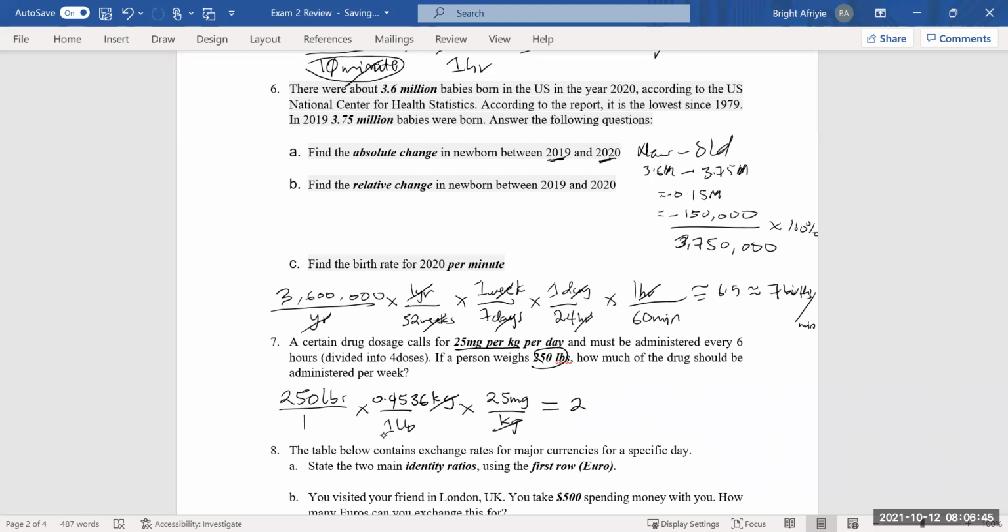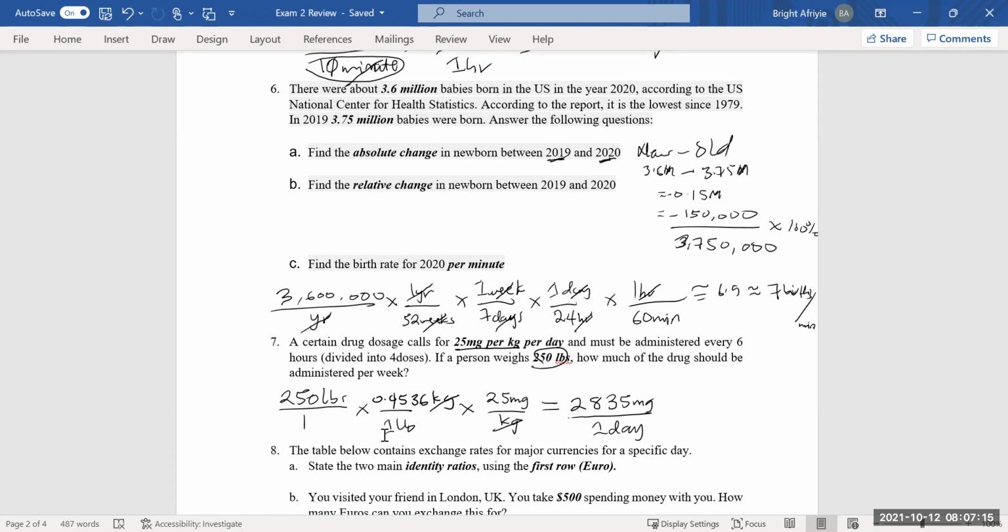No, weight, sorry, milligram is weight. So how much weight of the medication should be given to the person per day? So this is 2835 milligrams, okay, and this is per day. Is that okay? So milligrams is weight. I kept saying volume, but milligram is weight.